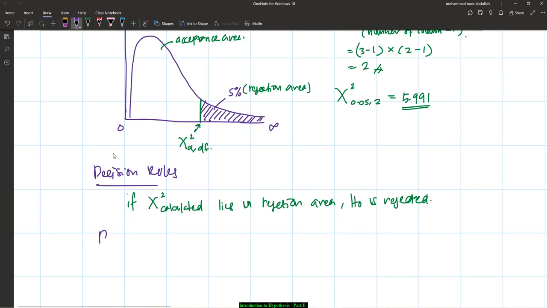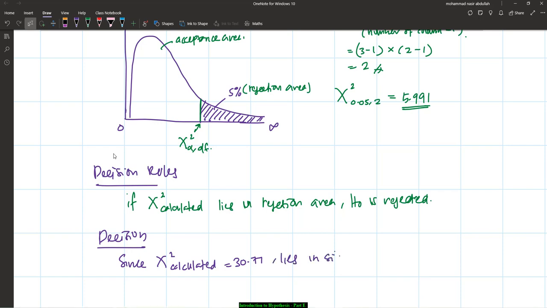So our decision is, since chi-squared calculated is equal to 30.71, which lies inside the rejection area, the null hypothesis is rejected, right?